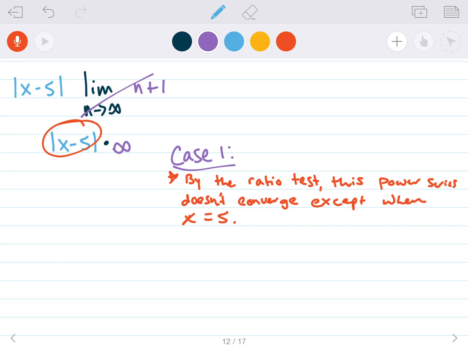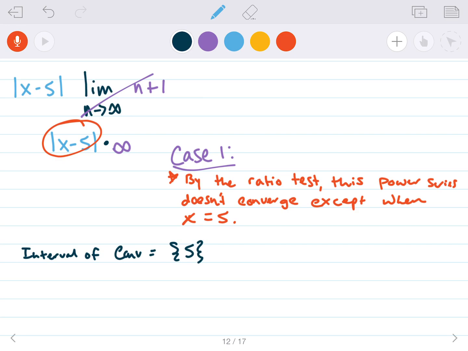Well, the interval of convergence is just going to be one single point at x equals 5. So our interval of convergence is just going to be the set containing 5. That's it. That's the only place it converges.